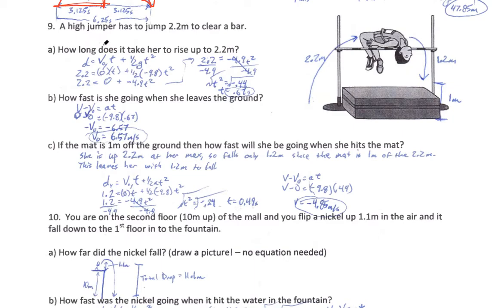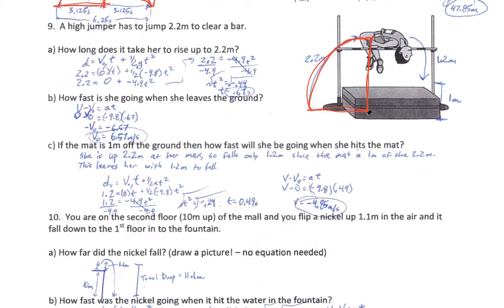So we've got this high jumper that's going 2.2 meters to clear this bar. How long does it take her to rise up to 2.2 meters? So her maximum height is 2.2 meters right there, right? We can figure out how much time that represents, how much time it took to get to that point, by using our formula that relates distance in the y direction, since it's up and down that she's at currently, and we're looking for a time.